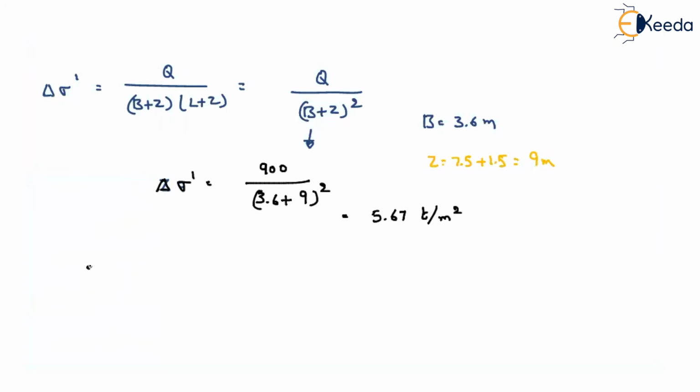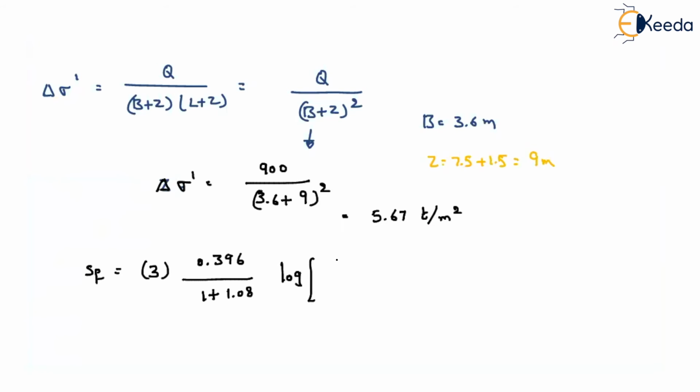Now find the ultimate settlement. What is the ultimate settlement? It will be equal to H naught, the thickness, 3, into the compression index, which we obtained as 0.396, divided by 1 plus the void ratio, given as 1.08, into the logarithm of the final stress, which is the initial plus the change in stress.